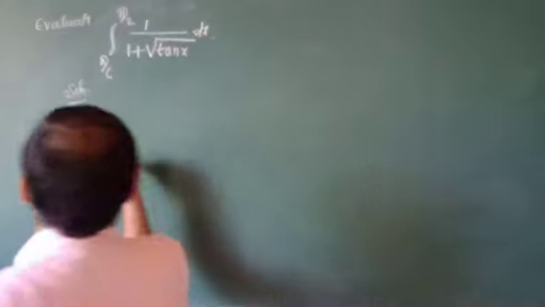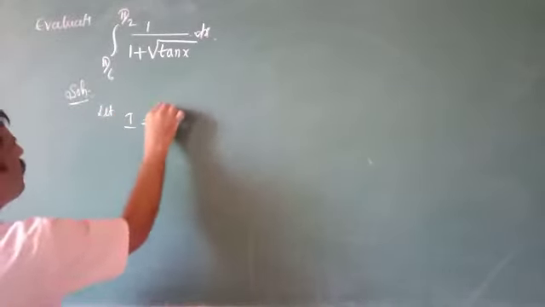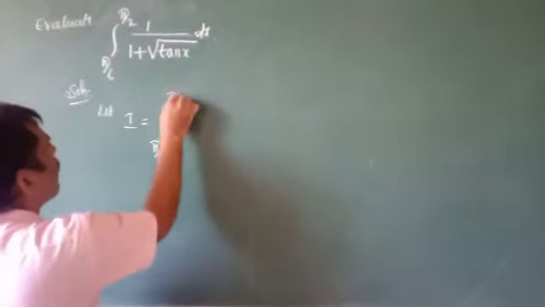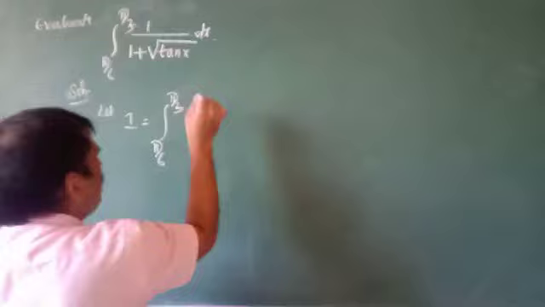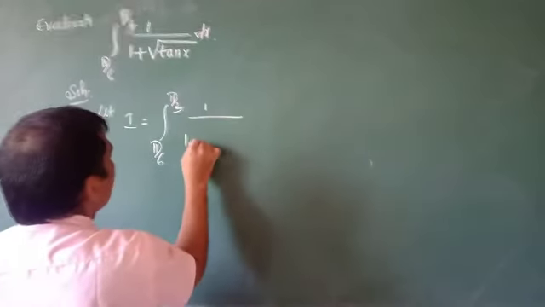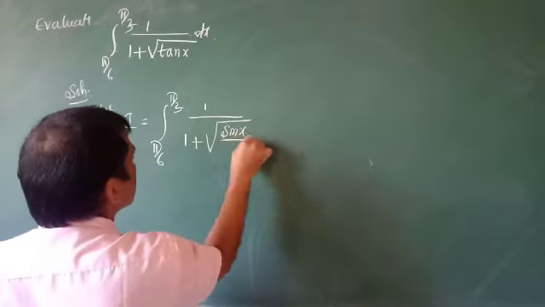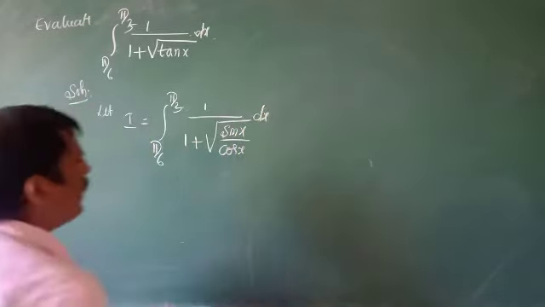Before that, let I be equal to the integral from pi by 6 to pi by 3 of 1 divided by 1 plus the square root of sin x divided by cos x, with respect to x.